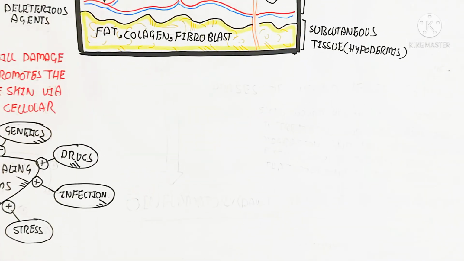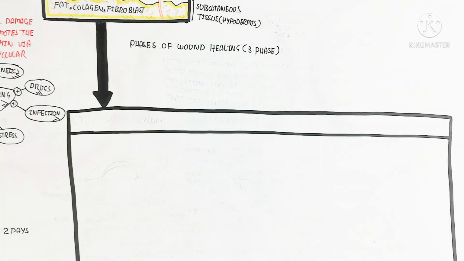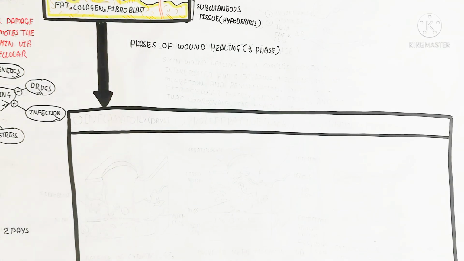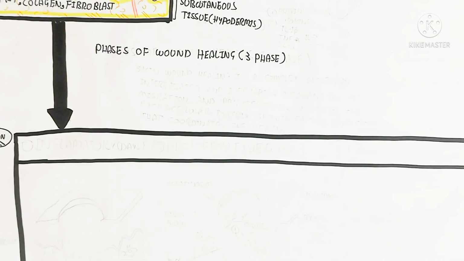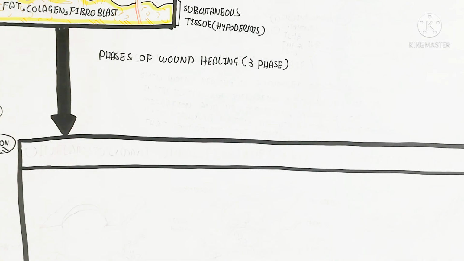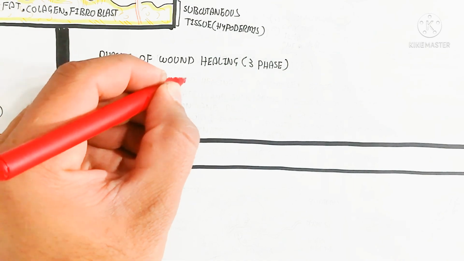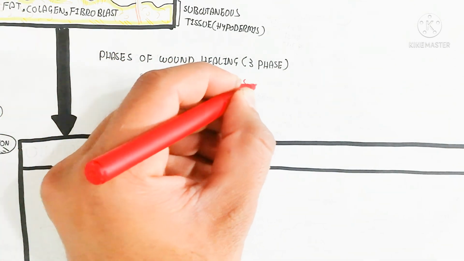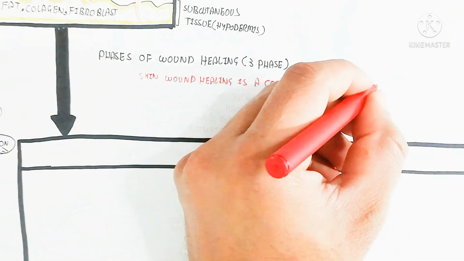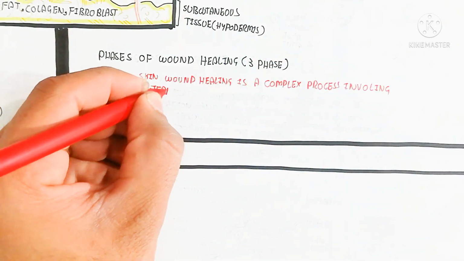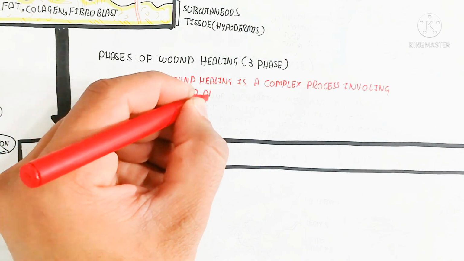First of all, wound healing has three phases, and skin wound healing is a complex process involving interrelated and overlapping mechanisms of cell migration and proliferation.